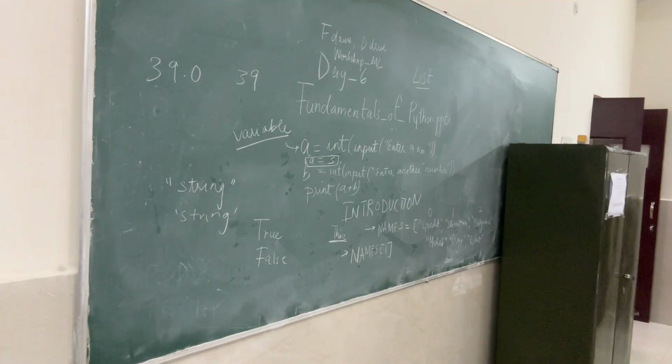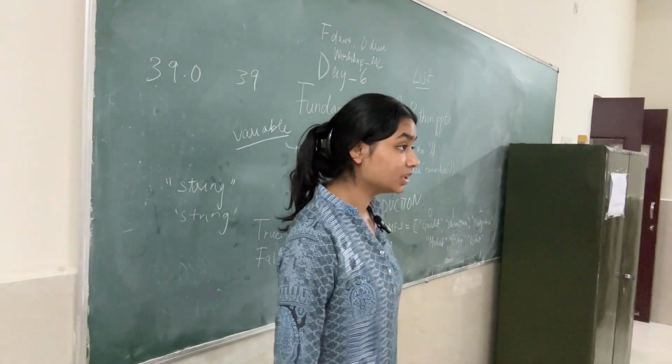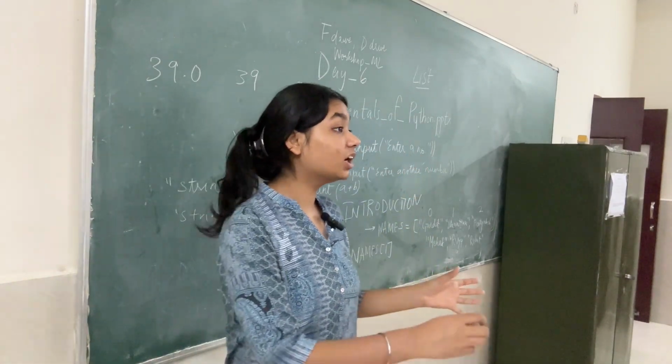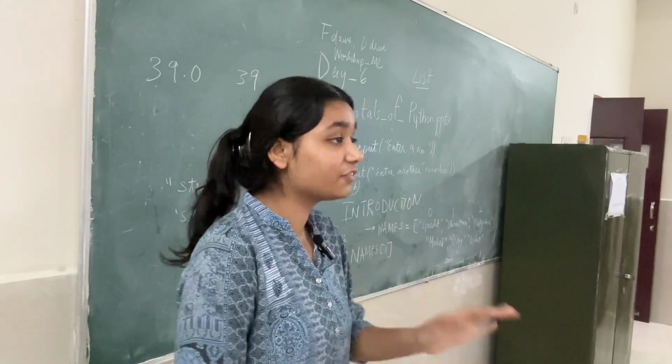Some things to consider about lists: they're always inside square brackets. That's very important because other than lists, there are different types. There are tuples, and there are dictionaries which we haven't done.